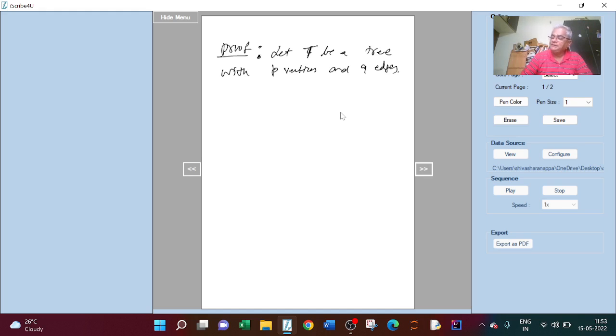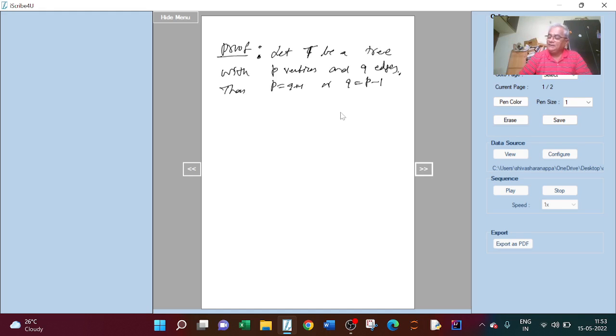And we know that if T is a tree, then P equals Q plus 1, or we write Q equals P minus 1. This we know. If T is a tree, then this equation is satisfied. So what I have to prove here is that T has at least 2 end vertices.